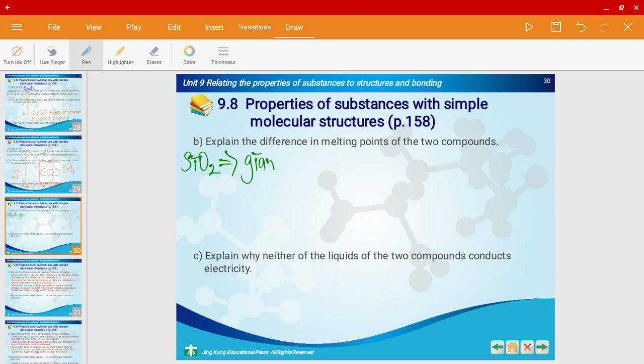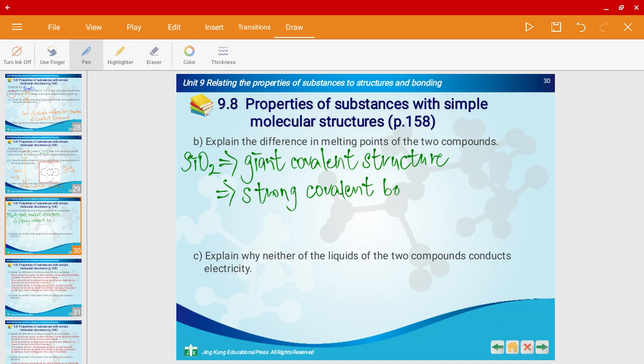Yes, it has a giant covalent structure. And we know that for a giant covalent structure, a large amount of energy is needed to overcome the strong covalent bonds. So SiO2 has strong covalent bonds present, whereas SiCl4, we know that it has a simple molecular structure.